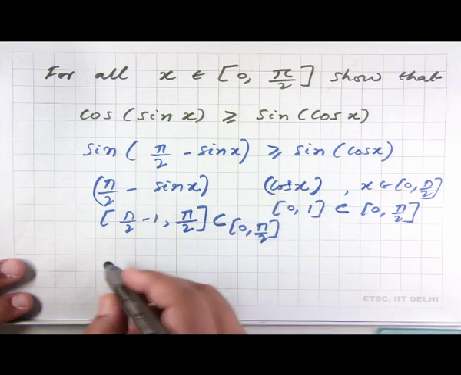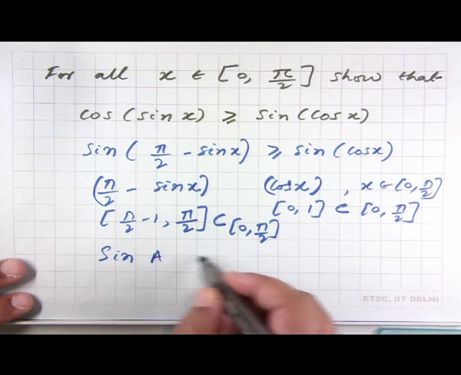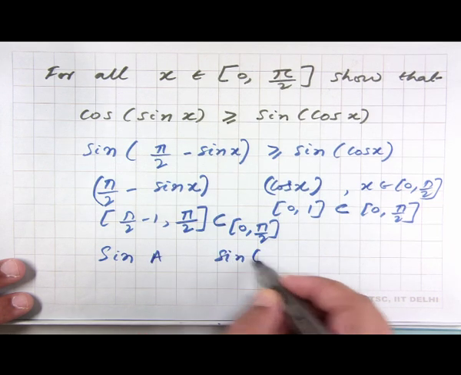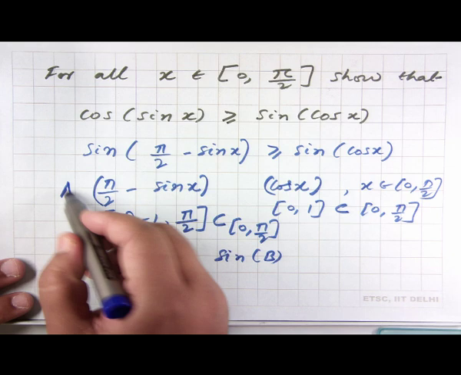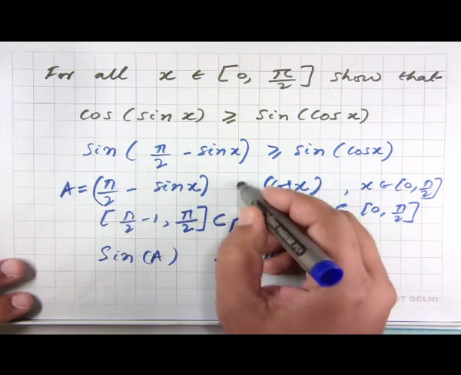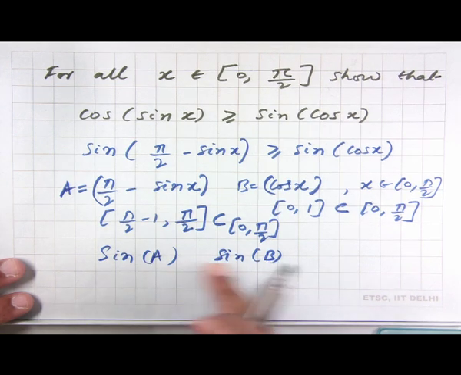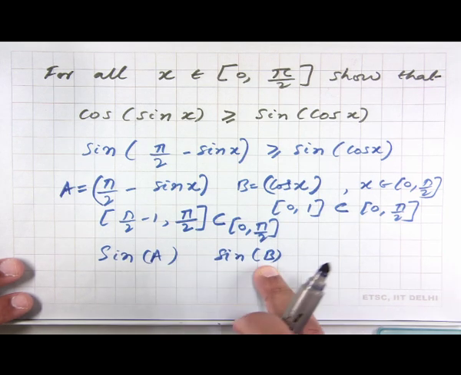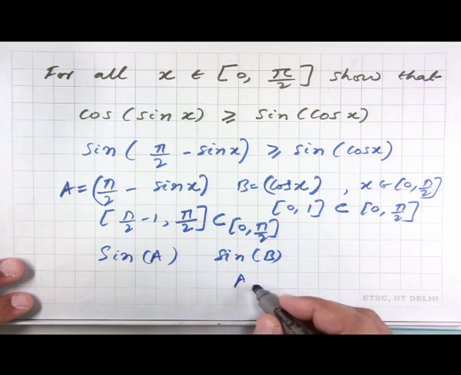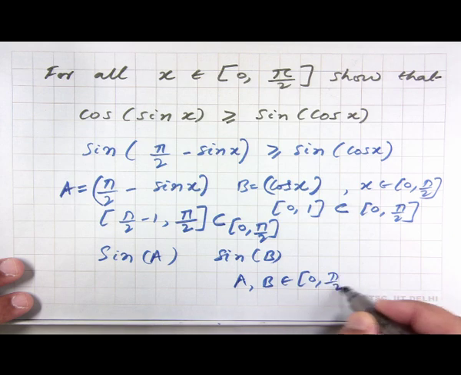So, essentially we have something of the form sine of A and sine of B. So, A is equal to, let us say, pi by 2 minus sine x, and B is cos x, and we are asked to show that sine A is greater than or equal to sine B, and we know that both A and B will belong to the interval 0 to pi by 2.